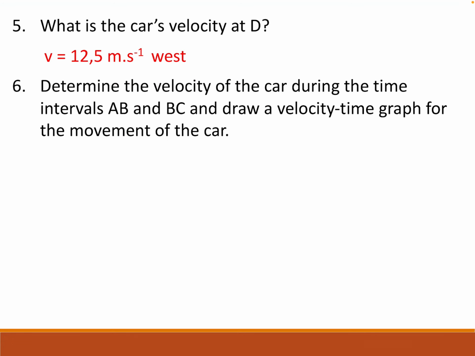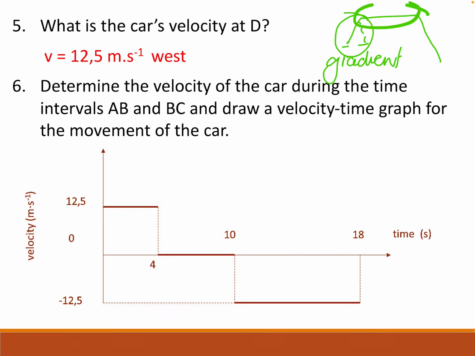They want the velocity of the car during intervals AB and BC, and then they want a velocity time graph. Remember, you'd have to work this out. So AB, and I'm going to leave this to you, is this point. It's the time it takes, and you're going to work out the gradient. Then we recognize that from B to C, it's stationary, so the velocity is naught.